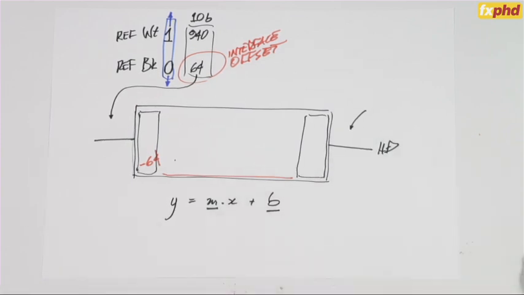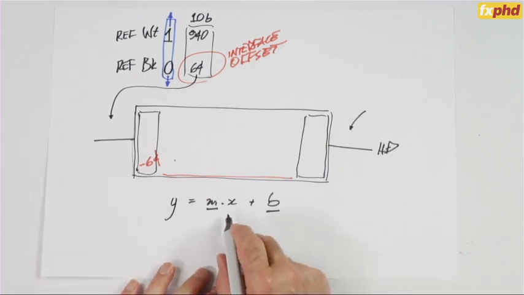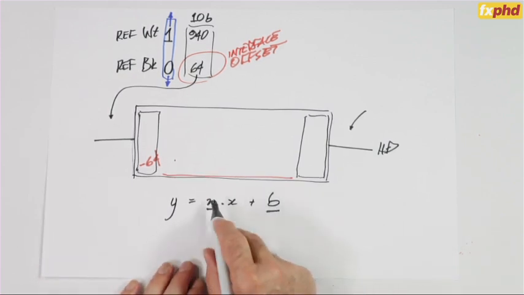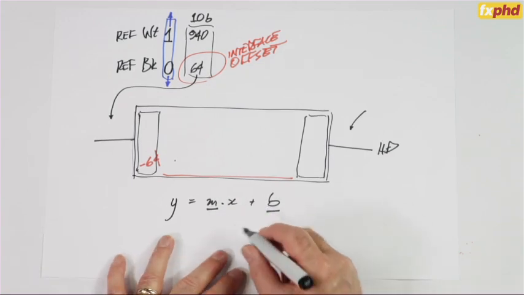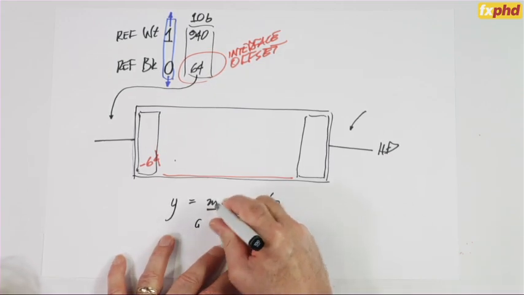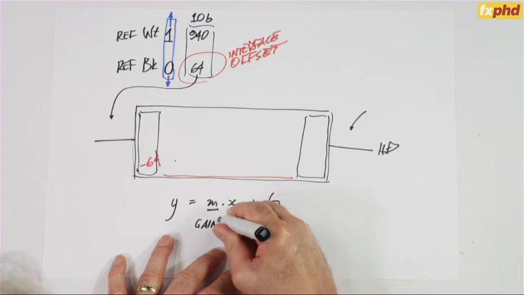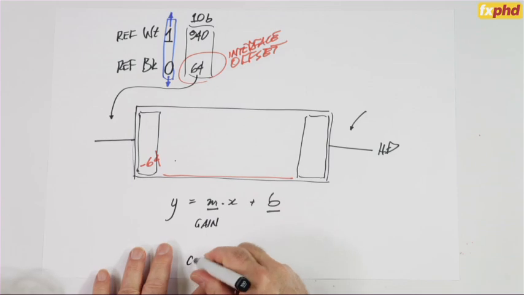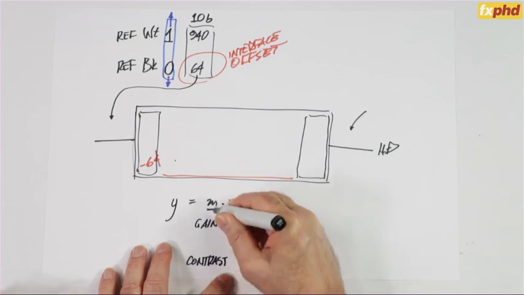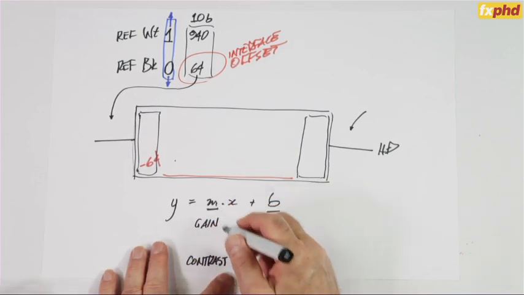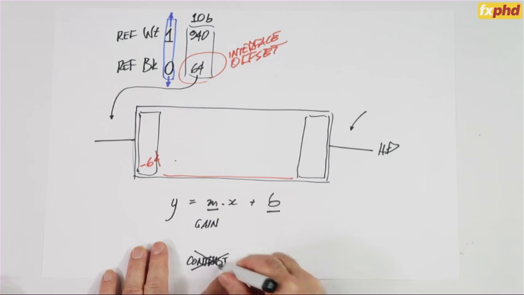And as I've indicated in previous classes, it's unfortunate that we've got lots of different names for those 2 variables. In signal processing terms, you would call the m gain, but unfortunately in displays, this is often called contrast. That control does not affect visual contrast, so let's not use the term contrast.